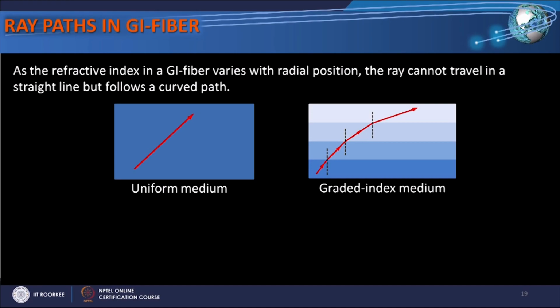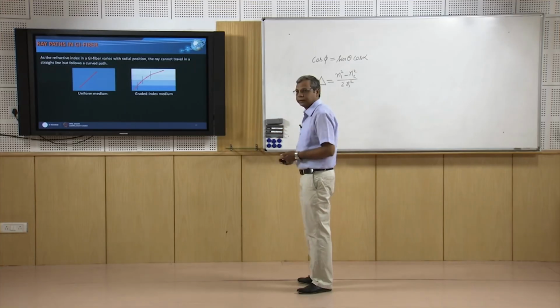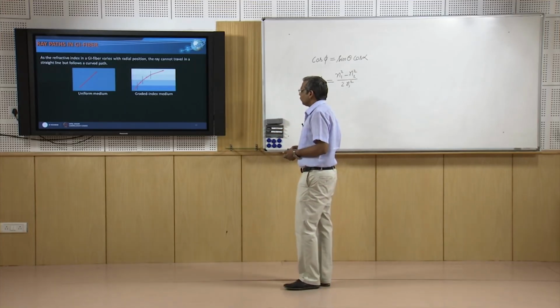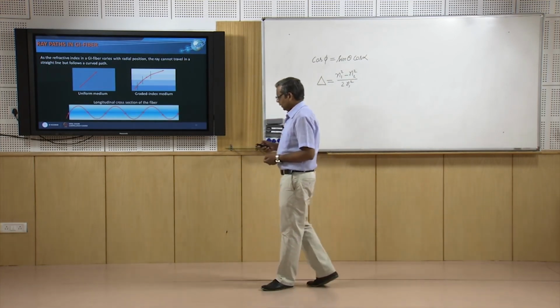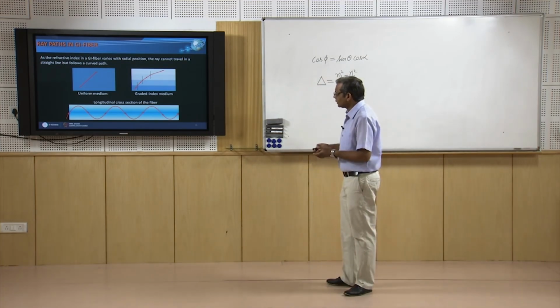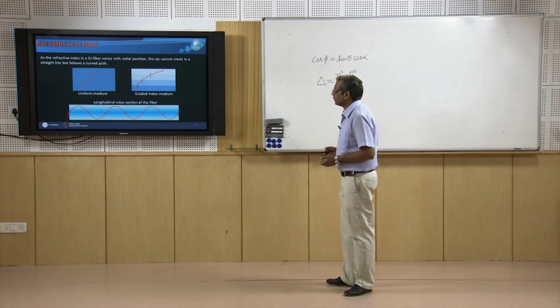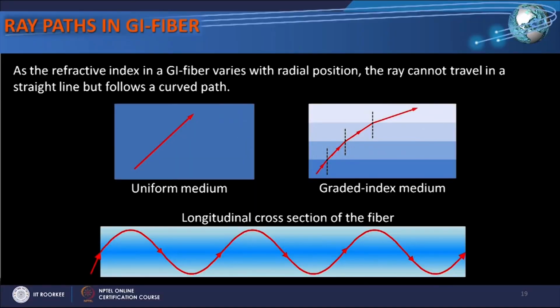So, light will not go straight, but it will be bent. So, it will follow a curved path, and this is the ray path in a typical parabolic index fiber. If the refractive index varies parabolically away from the axis, then the ray launched into the fiber follows a sinusoidal kind of path. So, the ray paths are curved.